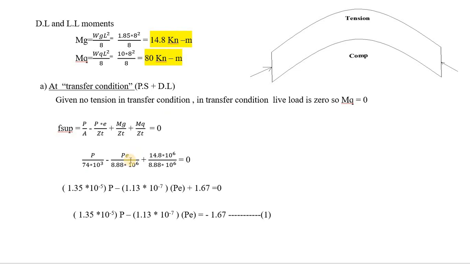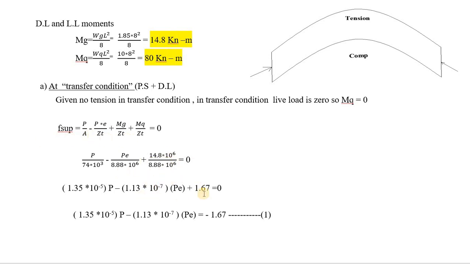Because these are the two terms to be found out, that is the P value as well as the eccentricity e, and the remaining things we know. Z we can take as ZT or ZB, anything is fine as this is a symmetrical section.